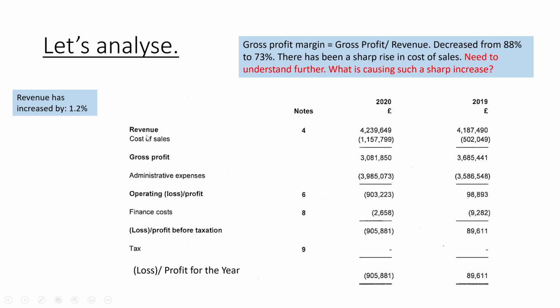This is revenue minus cost of sales, and a good figure to do is the gross profit margin, which is gross profit divided by revenue. Now, for this business, we're seeing a decrease from 88% to 73%. I'd normally expect a gross profit margin to be similar if the business hasn't changed. So it'd be interesting to understand what's causing such a sharp increase in cost of sales.